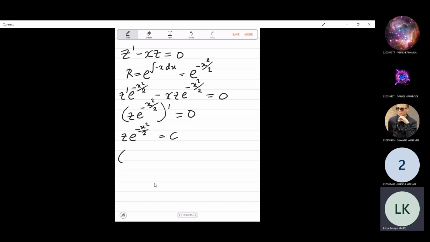We have 1 plus tan inverse of y, and we have e to the power of minus x squared over 2 is equal to c. So we can divide by e to the power of minus x squared over 2 on both sides. 1 plus tan inverse of y is equal to c times e to the power of minus x squared over 2. And then that is your solution.